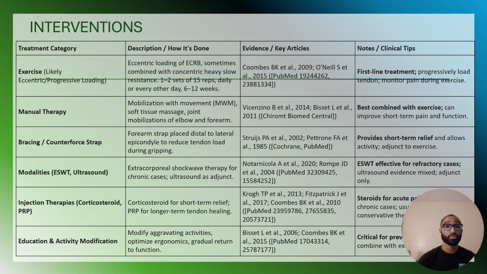The most common exercise that clinicians usually prescribe is eccentric loading of the extensor carpi radialis brevis muscle. Basically, you're loading the muscle, extending it while controlling the descending phase with that load.